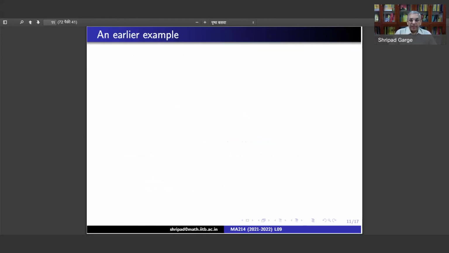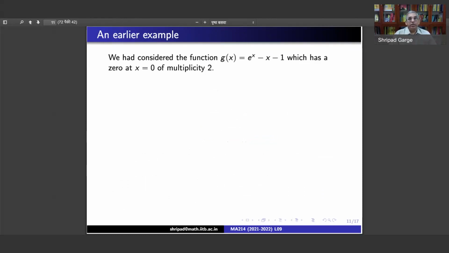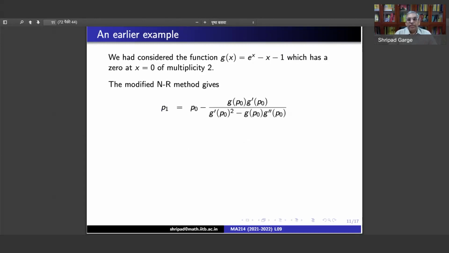So if you remember, we had considered this function and we wanted to find its root at x equal to 0. That's a root of multiplicity 2, and we found that our Newton-Raphson did not give us a quadratic convergence. The modified method gives P1, which is P0 minus g prime upon g prime square minus g double prime, to be 1 minus, you just put the values of g(x), g prime(x), which will be e power x minus 1, and g double prime(x), which is just e power x, at x equal to 1.